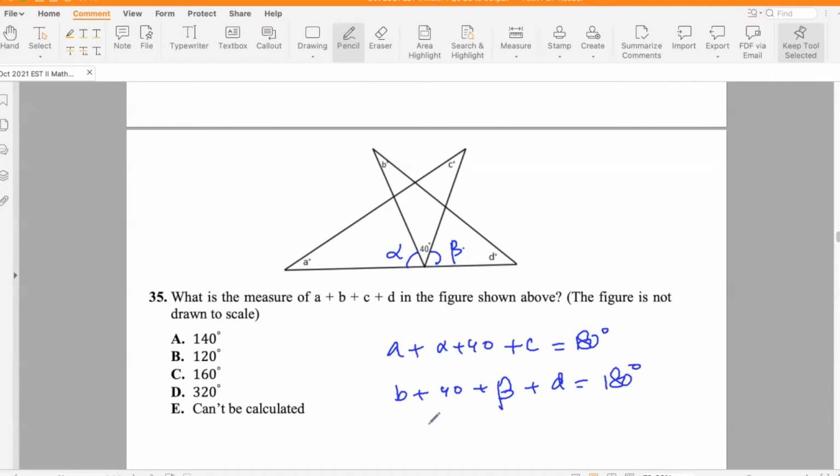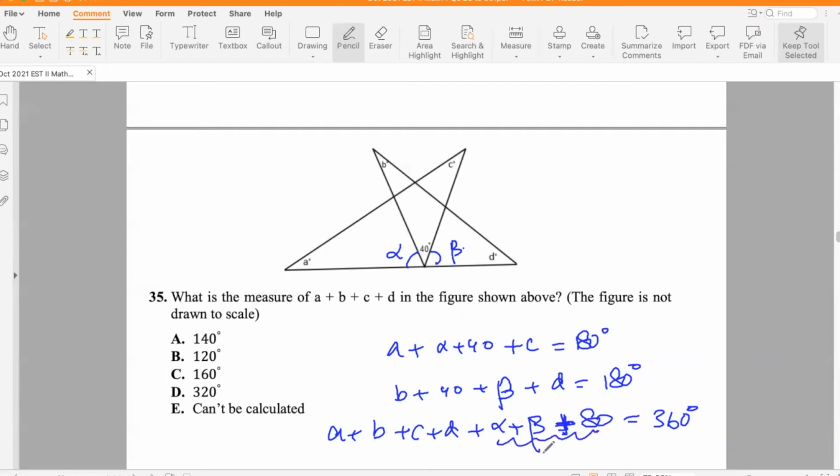Now, if I add all of these, then I get A plus B plus C plus D plus alpha plus beta plus 80 is 360, right? And alpha plus beta plus 40 is 180 because they're angles on a straight line.